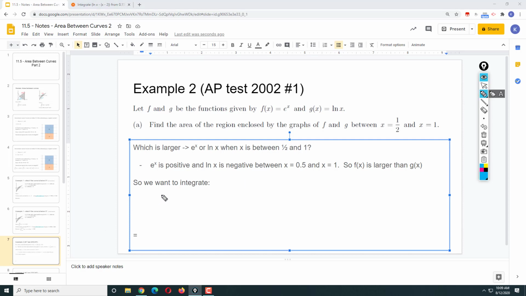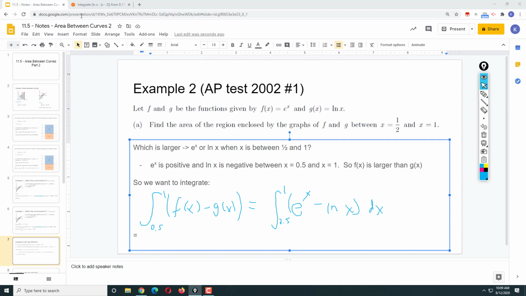That means that we want to integrate from 0.5 to 1 of f of x minus g of x. It doesn't matter that they're negative. We can subtract negative numbers, which is the integral from 0.5 to 1 of e to the x minus ln x dx.